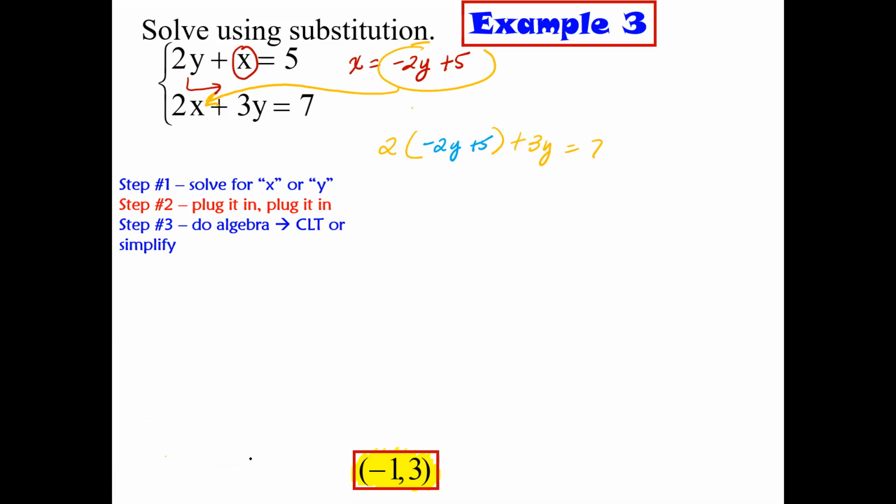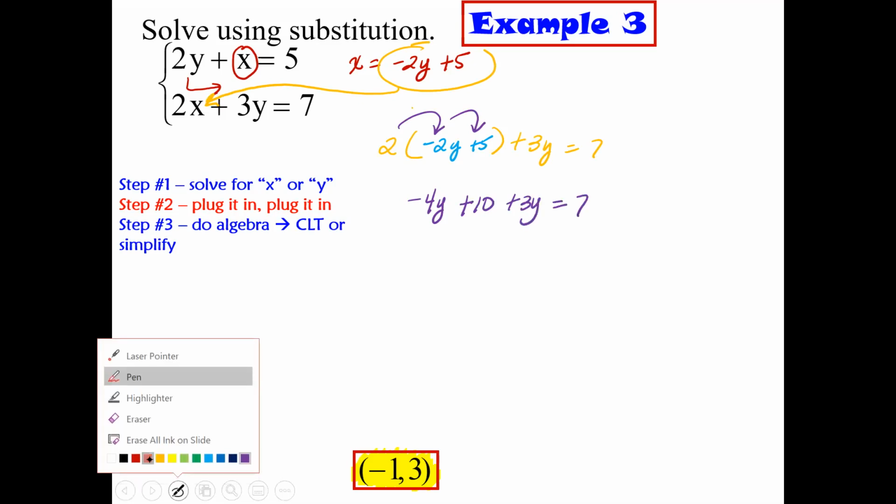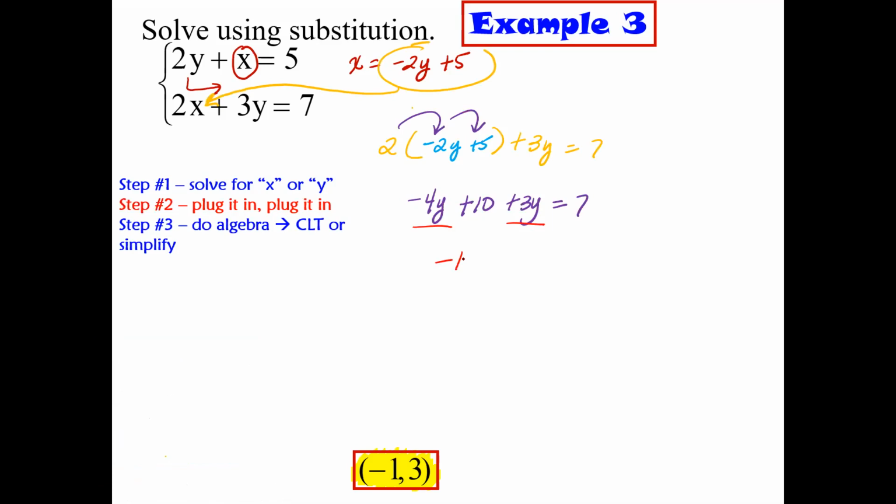Now, my step 3 says algebraically, I have to go ahead and solve for this. So I would have to distribute it. So negative 4y plus 10 plus 3y equals 7. Combine my like terms, subtract the 10, 7 minus 10, and then divide by negative 1.